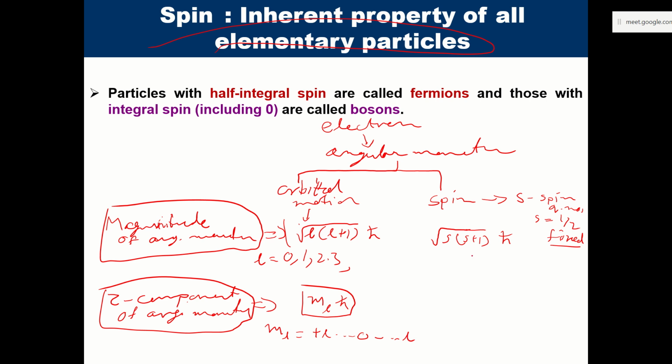In a similar way, spin will also have two components.